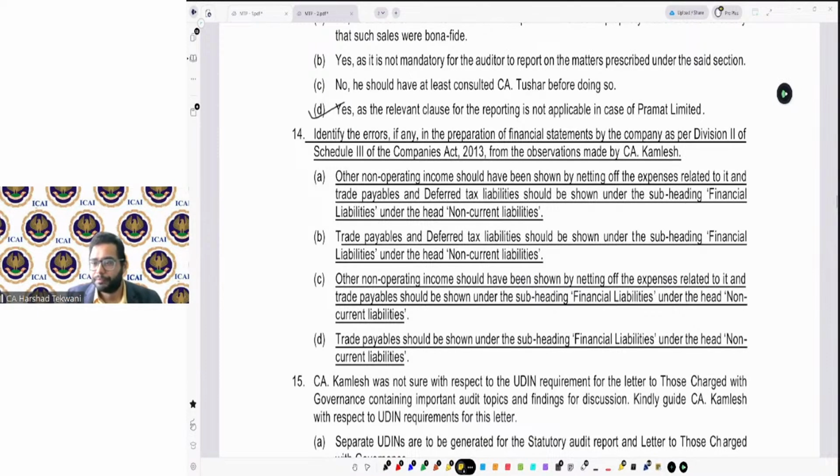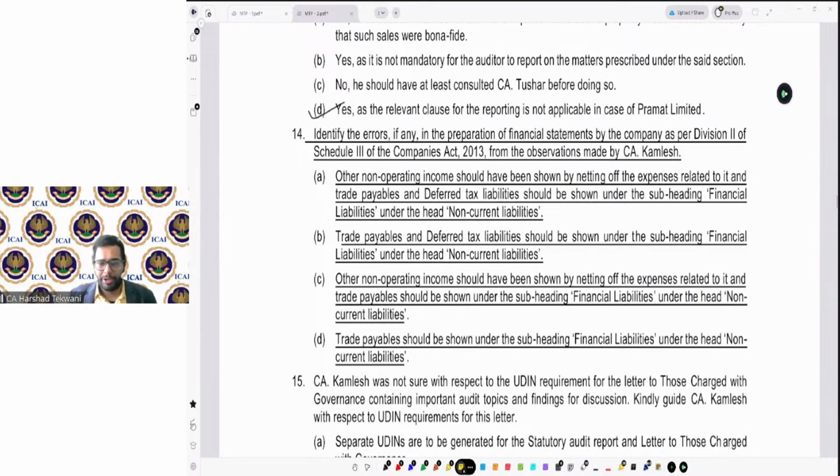Come on, guys. What is the error here? And how it should have been reported? Sohan Jani, I'll come to that question again.